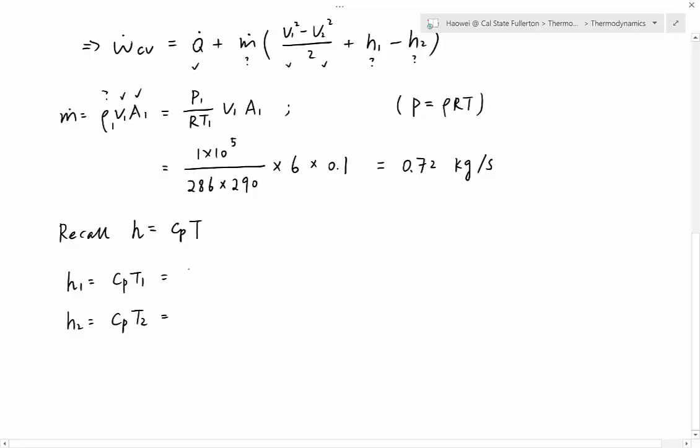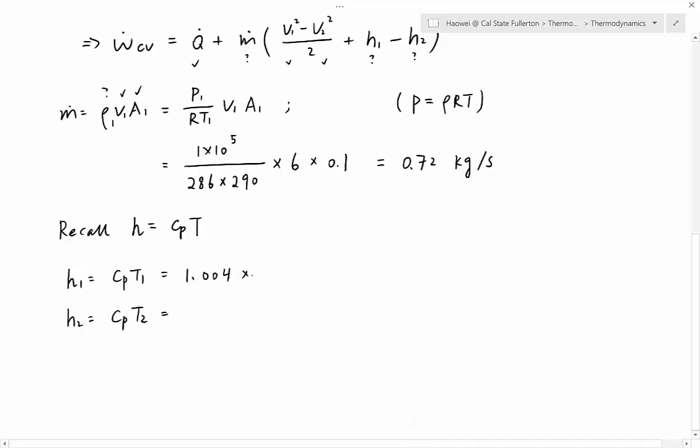So now we plug in the numbers. Cp is given, 1.004, and the unit is kilojoules per kilogram per Kelvin. So we convert kilojoules to joules by multiplying by 1000. Multiplied by T1, 290 Kelvin. The solution for h1 is 290.16 times 10 to the third, and the unit must be SI, which is joules per kilogram.